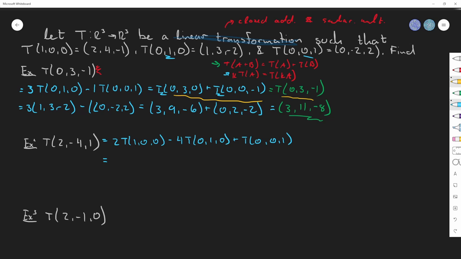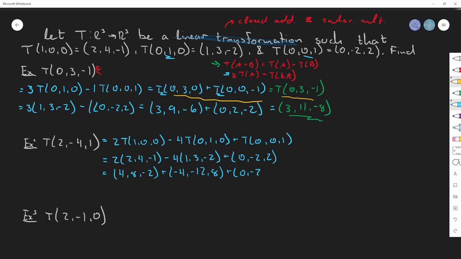Substitute in our function, so we have 2 times (2, 4, -1) minus 4 times (1, 3, -2) plus (0, -2, 2). Then again, distribute. So we have (4, 8, -2) plus (-4, -12, 8) and (0, -2, 2).